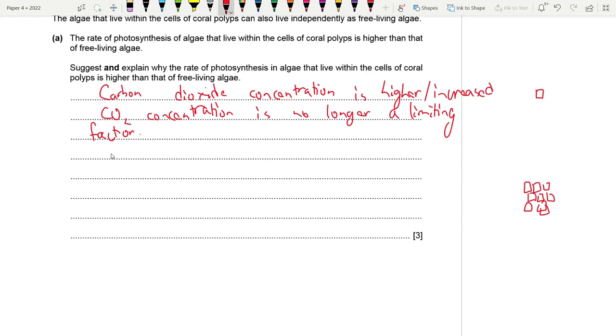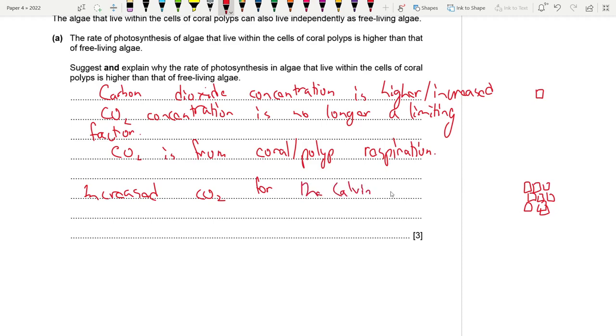So where is this carbon dioxide coming from? You could say that the CO2 is from coral or polyp respiration. So this increased carbon dioxide can be used for the Calvin cycle or light independent reactions in algae.